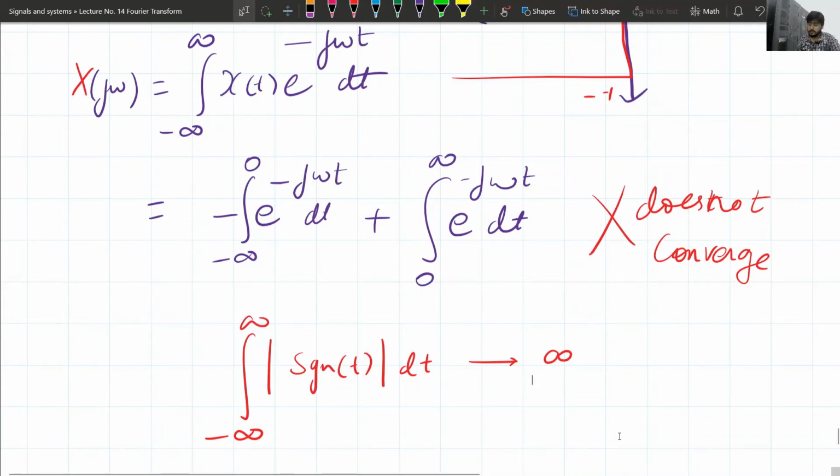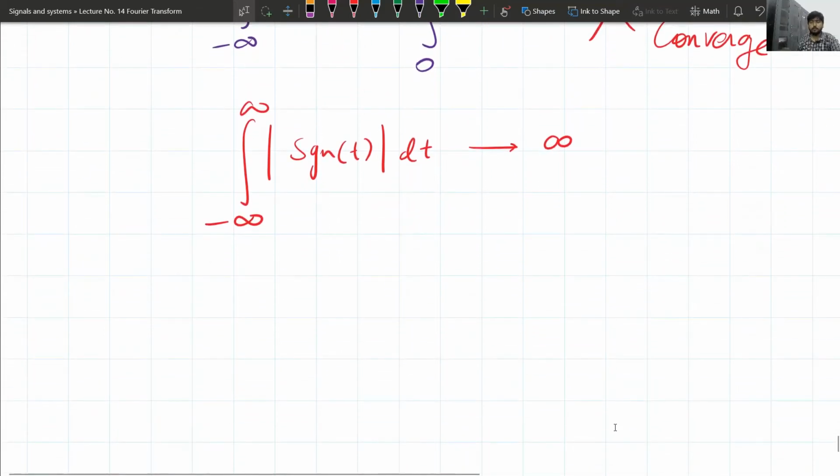But suppose we approximate the signum function by some parameter so that it starts following the Dirichlet condition. In that case, we can find the Fourier transform.